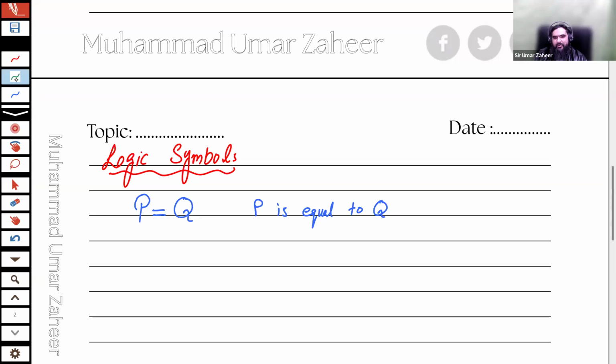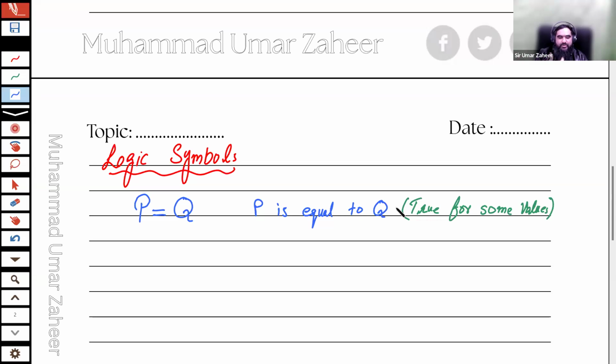But is it possible for all values? No. It is true for some values. If I change the values, obviously P and Q are not going to be equal. So that's why we have P is equal to Q. It means that it is equal to Q for some specific values. For example, P is a statement and Q is another statement. You have to substitute some values like you are solving equations, and you find x is equal to 2 or x is equal to 3.